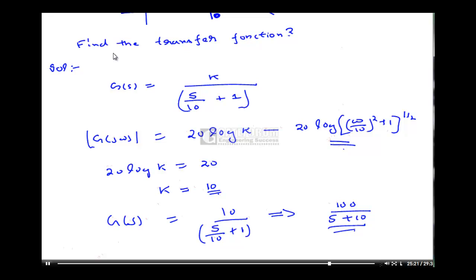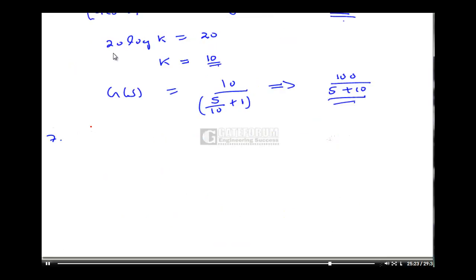One more problem. I'll just write the problem now, and we'll see the solution after this.